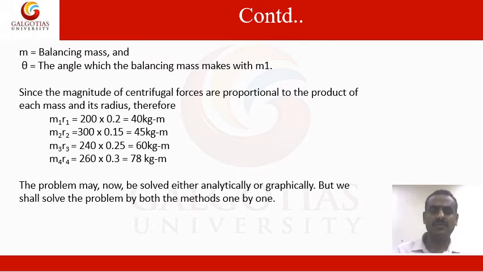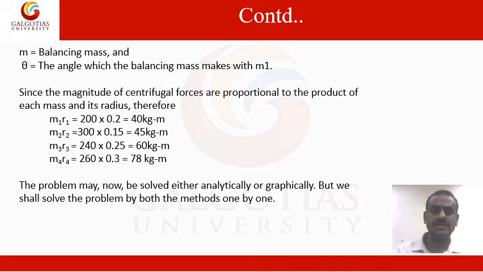The centrifugal force for the third mass, F3 equal to M3 R3 equal to 240 into 0.25 equal to 60 kilogram meter. Then the centrifugal force for the fourth mass, FC4 equal to M4 R4 equal to 260 into 0.3 equal to 78 kilogram meter.